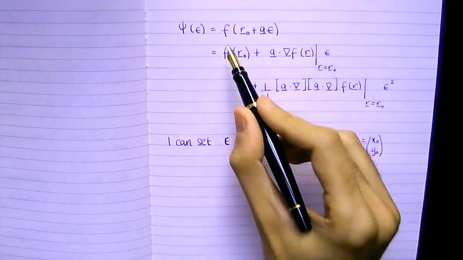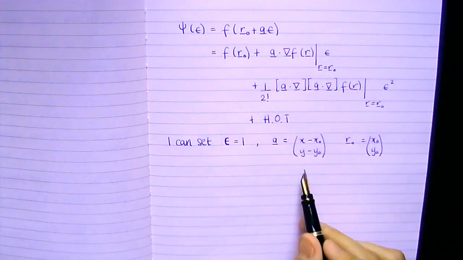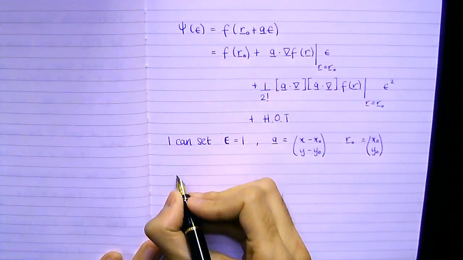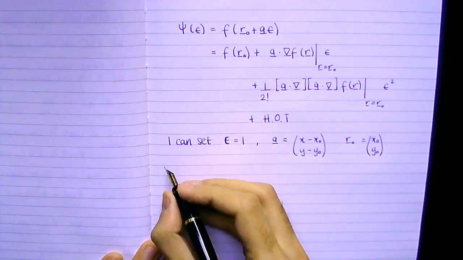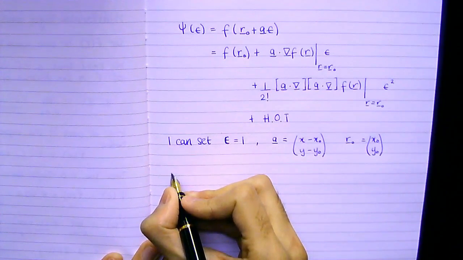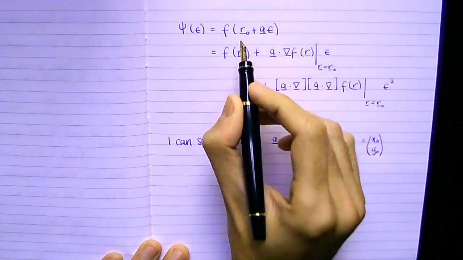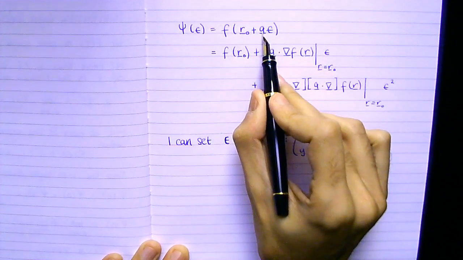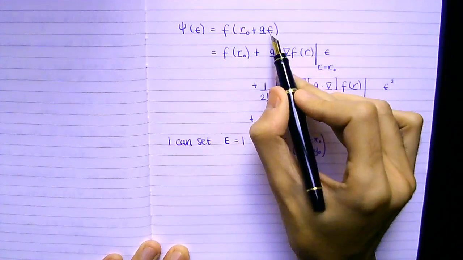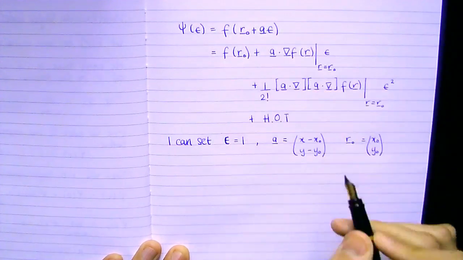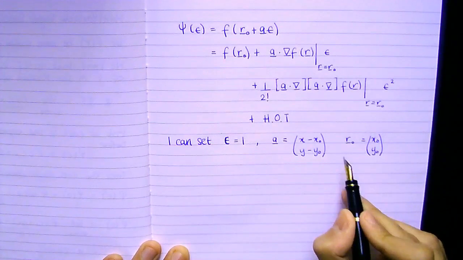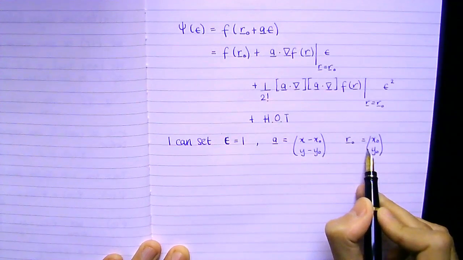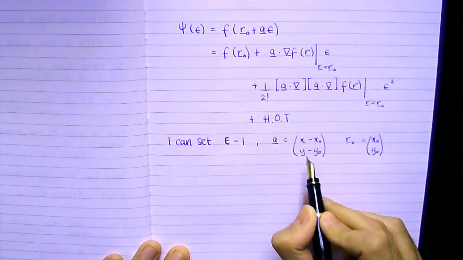So let me write this down in terms of these expressions now. Over here I had R0 plus A times epsilon. So if epsilon is equal to 1, this just becomes R0 plus A. This is what I'm setting R0, this is A. So if I add these two vectors together, what do I get? I just get the vector xy.